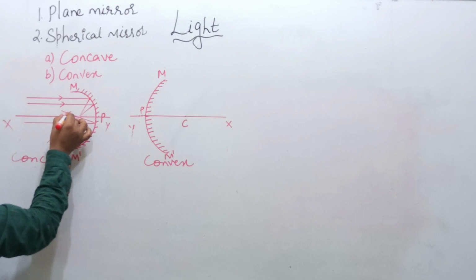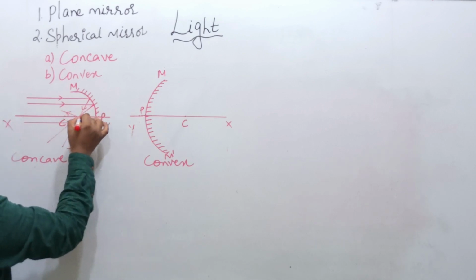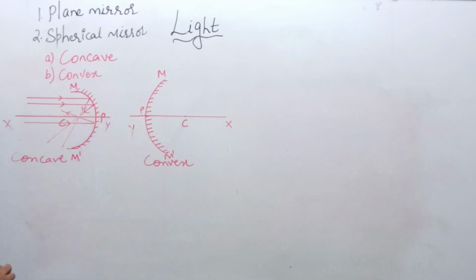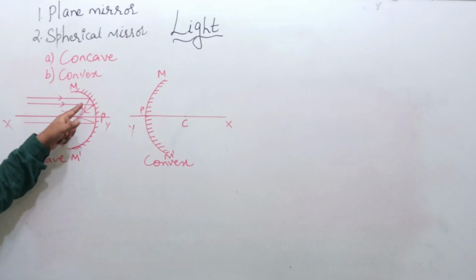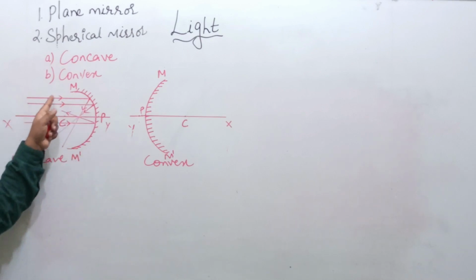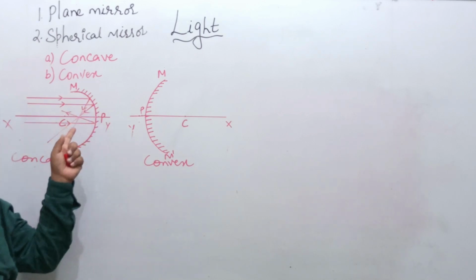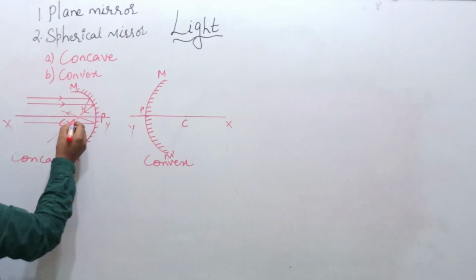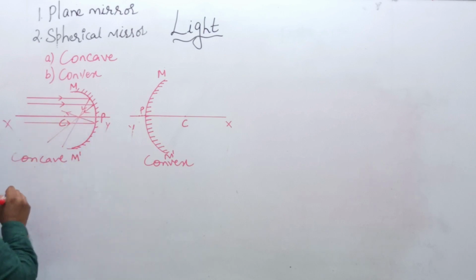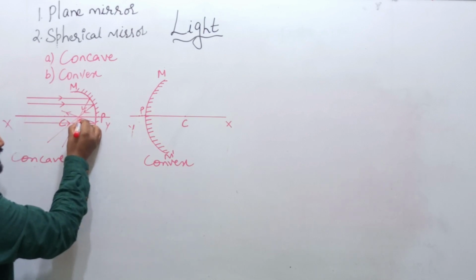See here, this is the reflected ray, this is also a reflected ray, and this is also a reflected ray. You could see all the incident rays, once they fall on the reflecting surface of a concave mirror, are reflected back.